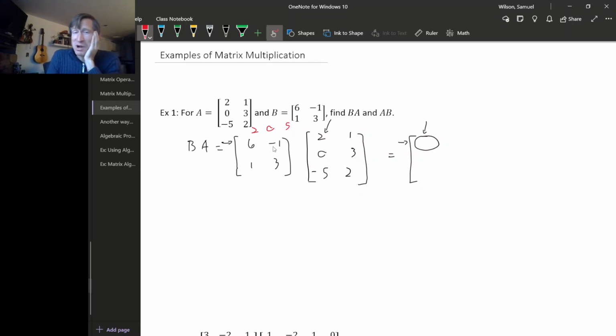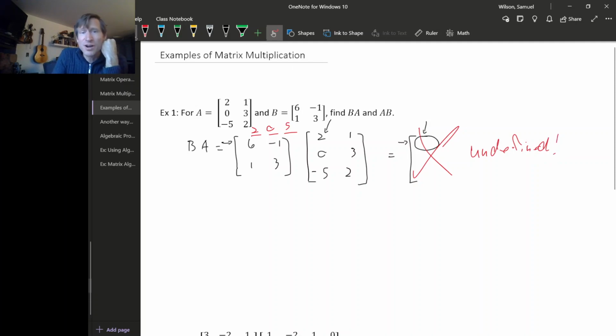Well, you see there's a problem here. This matrix on the left, B, doesn't have enough entries in its row to multiply with each one of these. So the sizes of these matrices just aren't compatible. So this matrix product actually doesn't exist. So this is undefined.